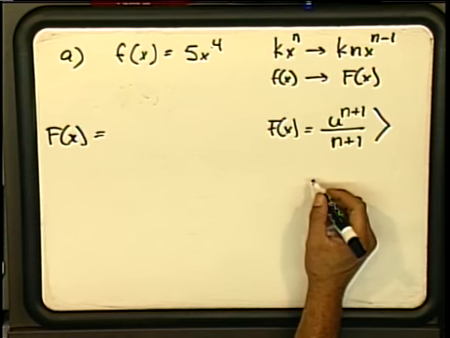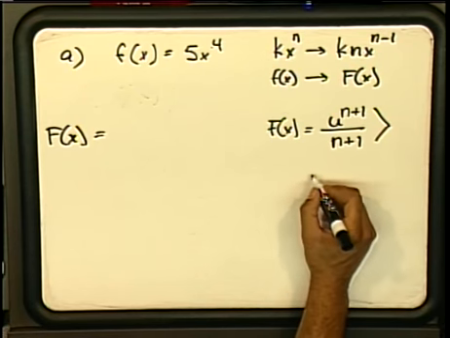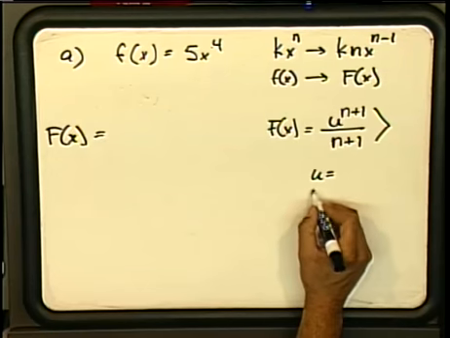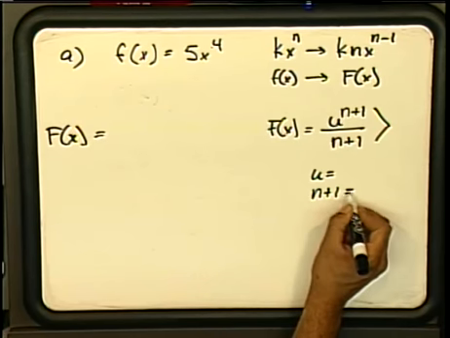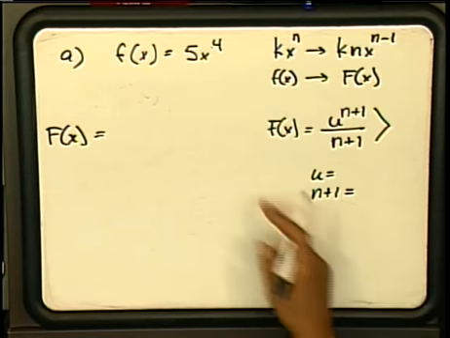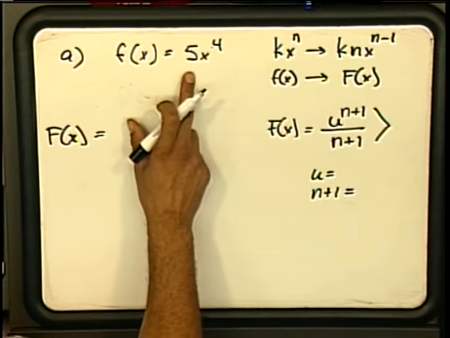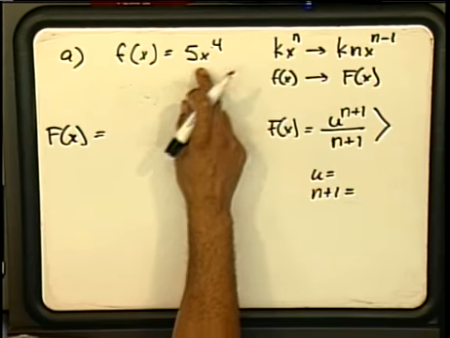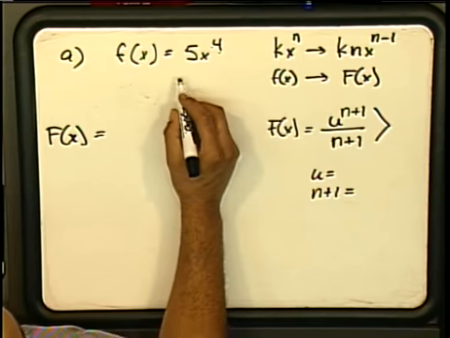We're going to list our u and our n plus 1. Then we have the function in the derivative form. We have n, which is 4.